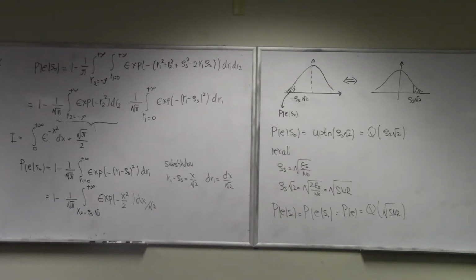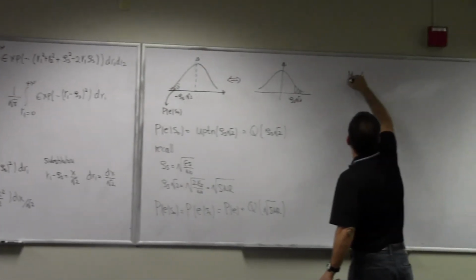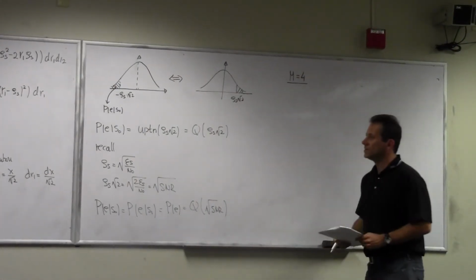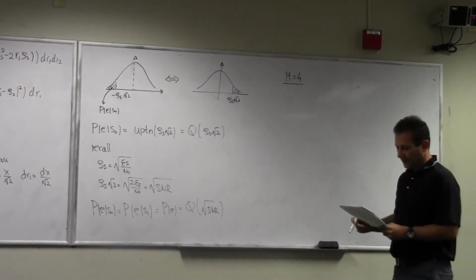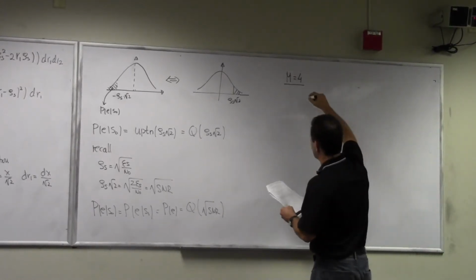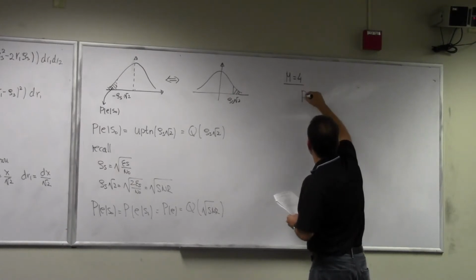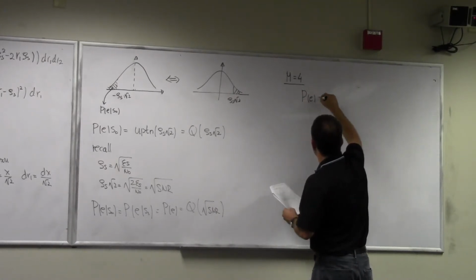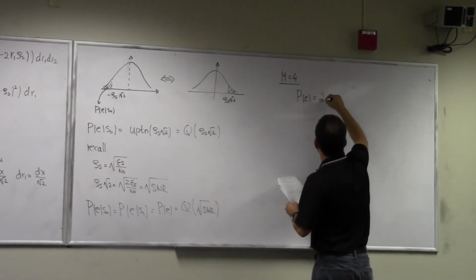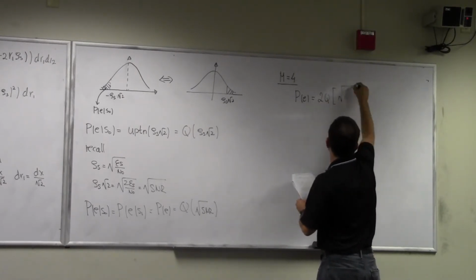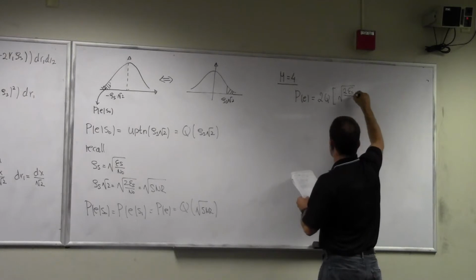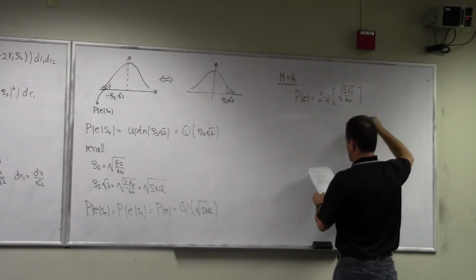Now, if I go now to m equal 4, and if I'm patient and diligent and knowledgeable enough on integration, you should get probability of error as 2q over square root of 2 epsilon s over n0. Again, our s and r.